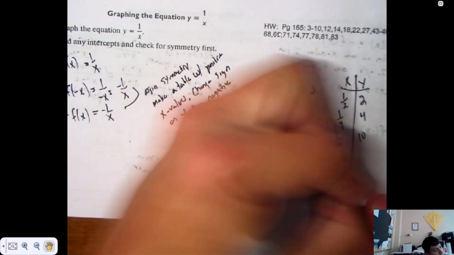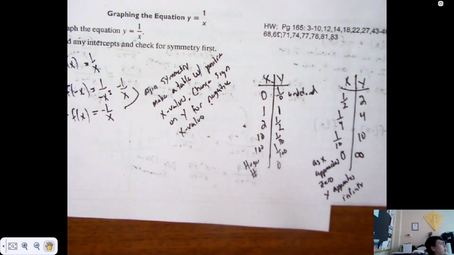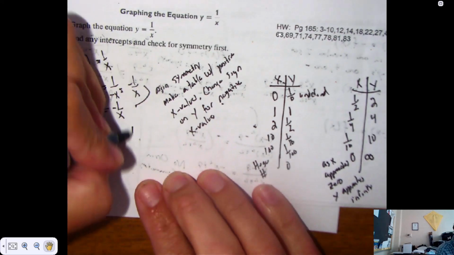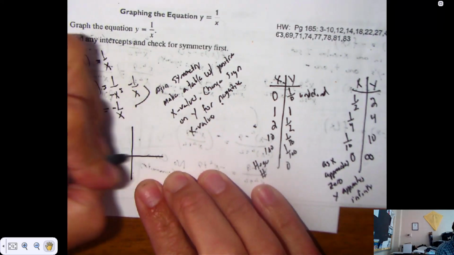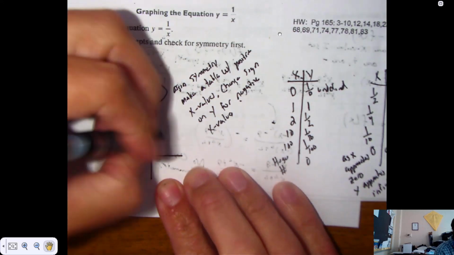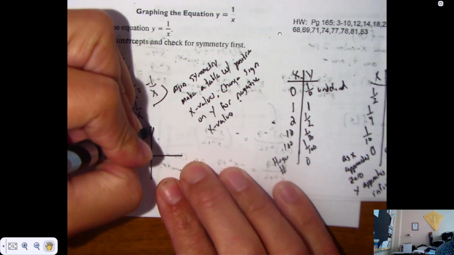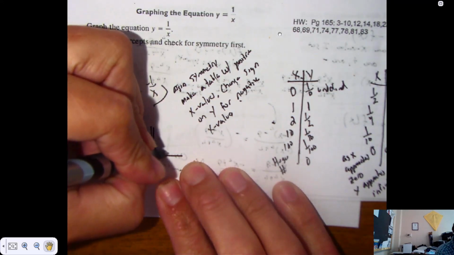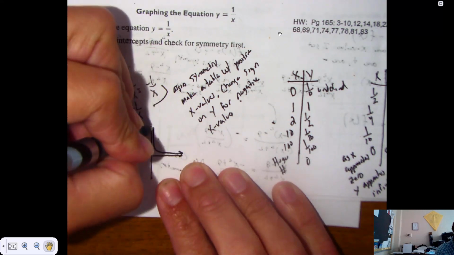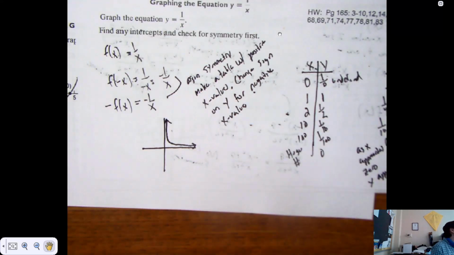When you plug in a 0, you get an infinity back. You never get to be that 0 because it's impossible, but you get an infinity back. I'm not going to make a secondary table of values. I'm not even plotting points. That's what our table of values is suggesting happens, isn't it?